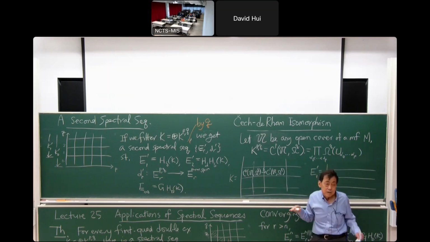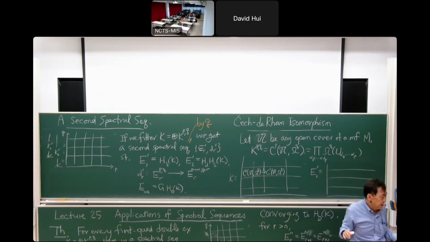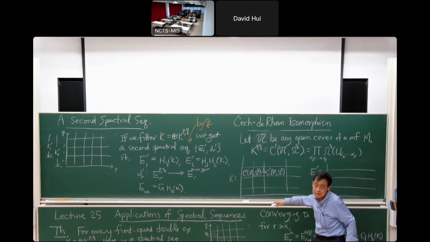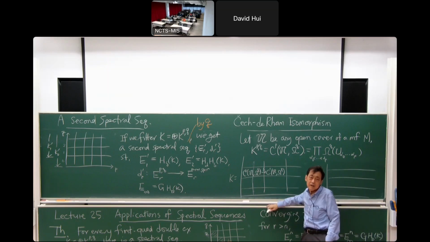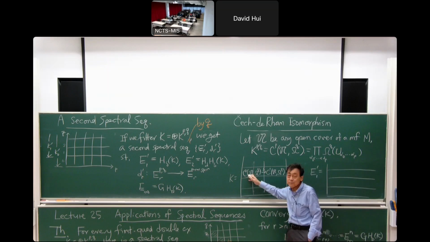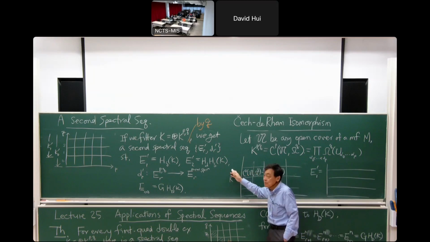But what do you know about each row of the Čech-de Rham complex? Yeah, it's exact except for the first term, because it's a Mayer-Vietoris sequence without that first term, and that first term is the global forms.